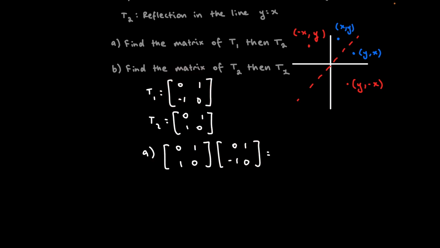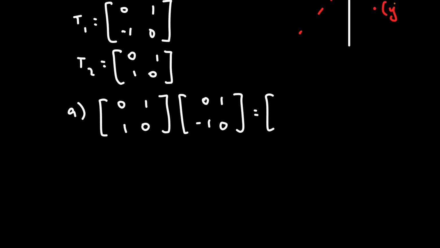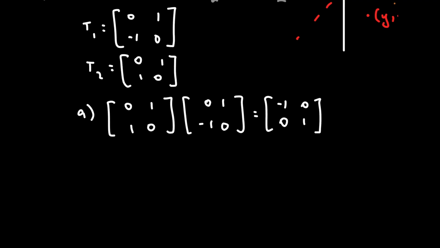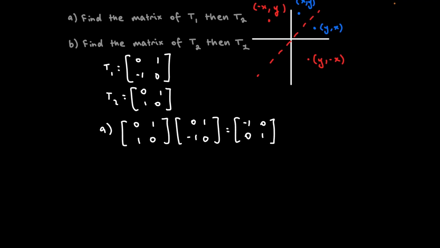So let's work this out. If we multiply these out, we get a 0, then negative 1, then this times this gives us 0, this times this gives us 0, and finally this times this gives us 1. That's our transformation of T1, then T2.